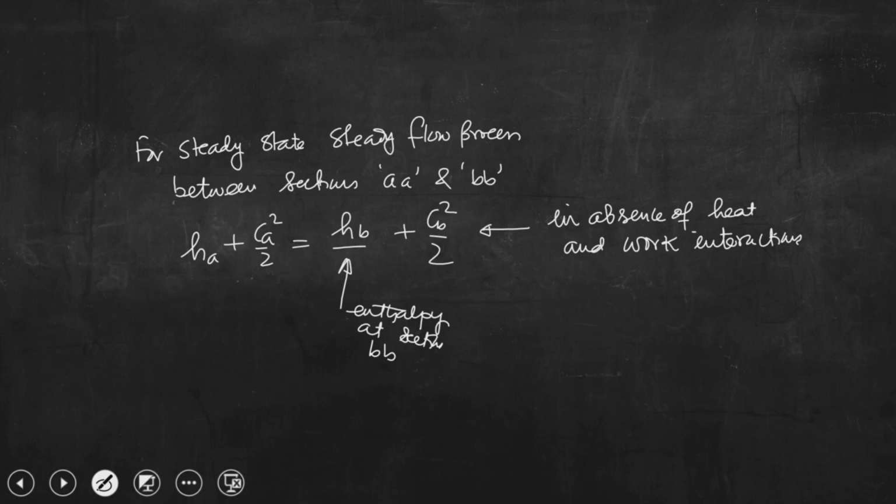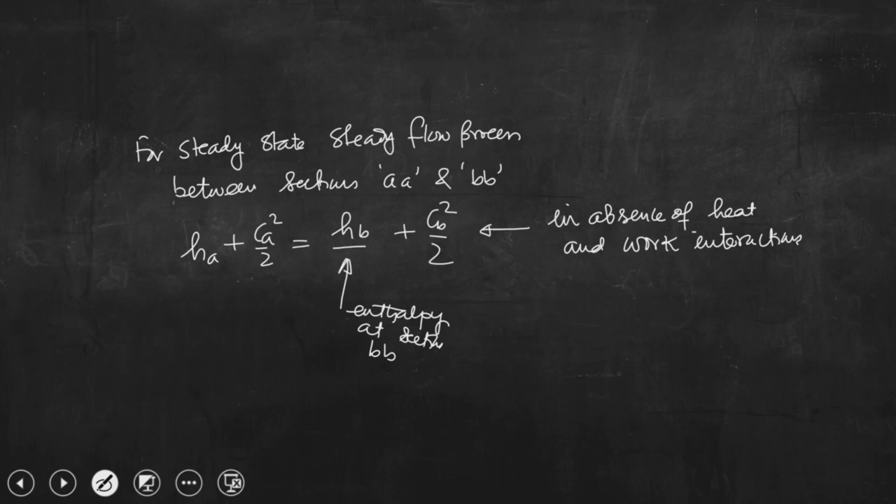Now, that is the enthalpy of the air stream at section A, and this is the velocity of the air stream at section A, which is obviously lower than the velocity at section B B, because that is what we need. We need to increase the velocity of air at section B B, and that is why we have provided the venturi.